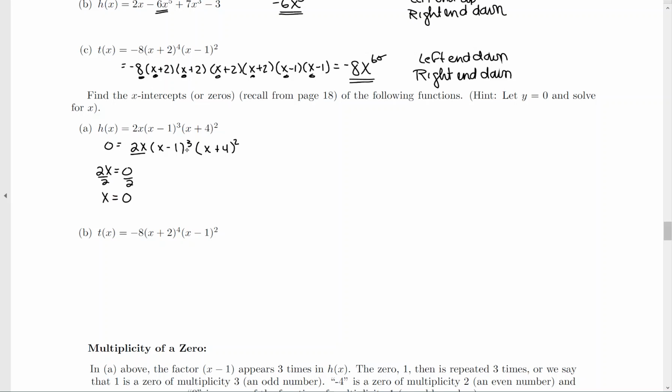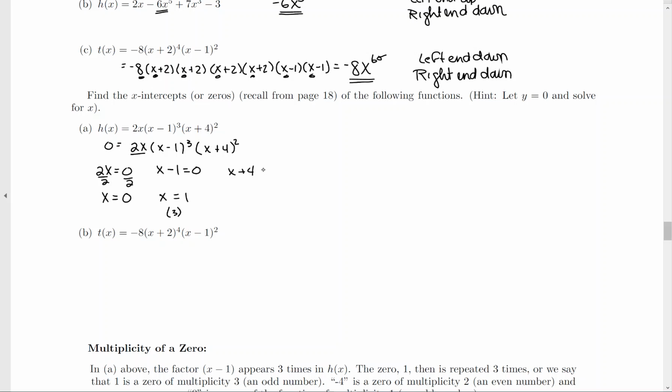X minus 1, the quantity cubed. I'm just going to set the factor x minus 1 equal to 0. I don't have to worry about the power 3 right now because that just tells me that x minus 1 would have shown up 3 times as a solution. X equals 1 then, showing up 3 times as an answer, is also an x-intercept or a 0 of the function. X plus 4 squared.